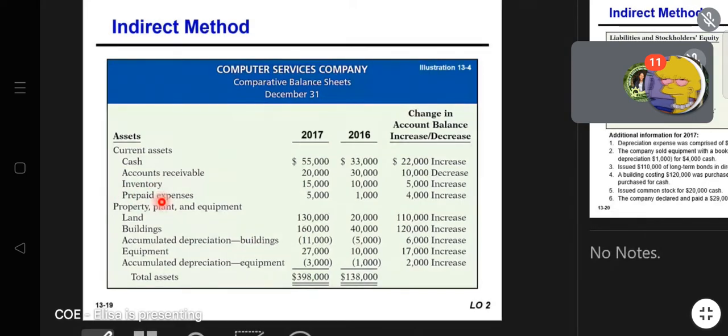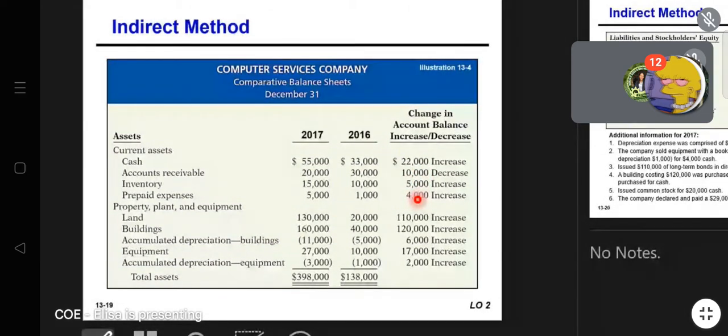So the third item: we look at the changes, what are the movements in AR, in inventory, and in prepaid expenses. These are the figures: 10,000, 5,000, 4,000.